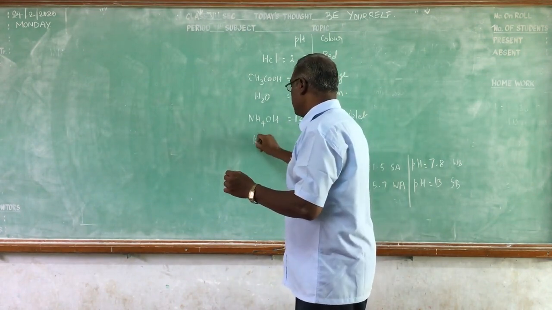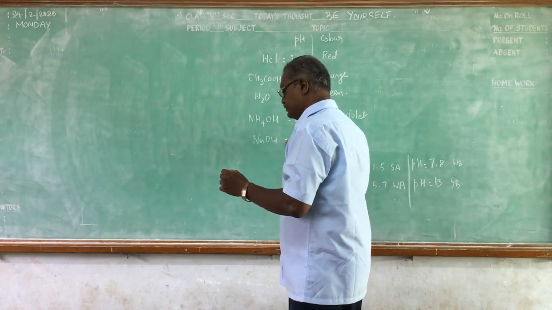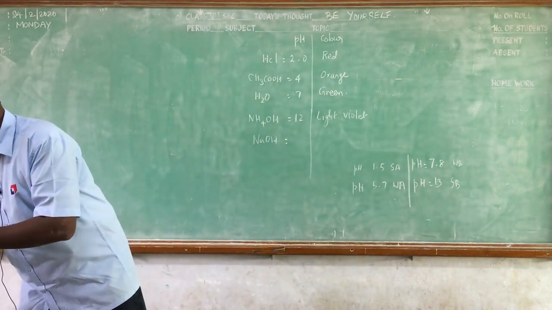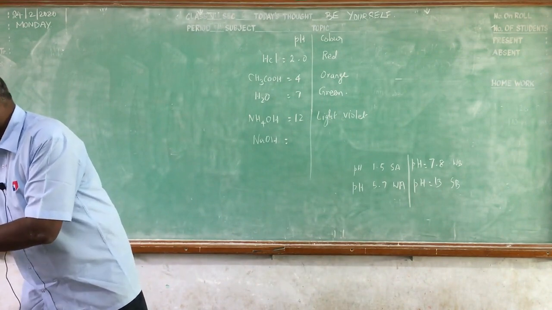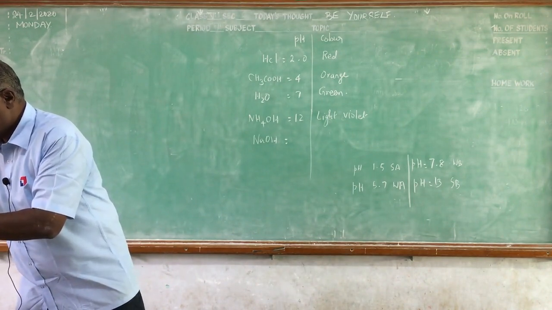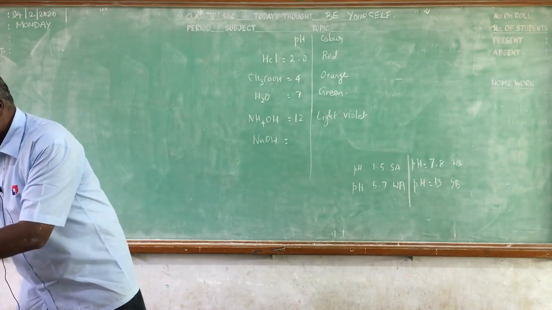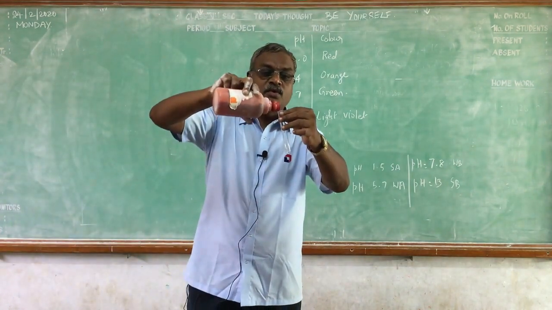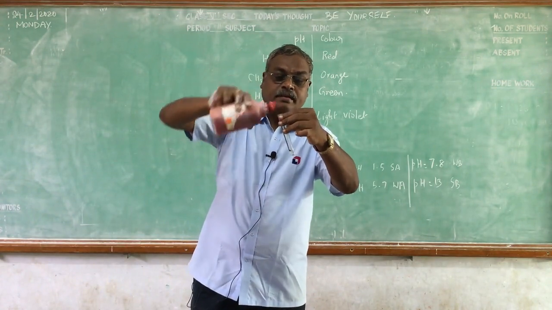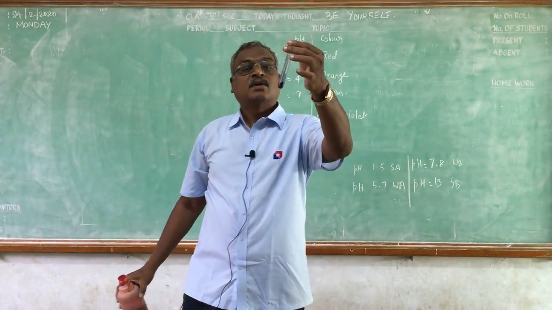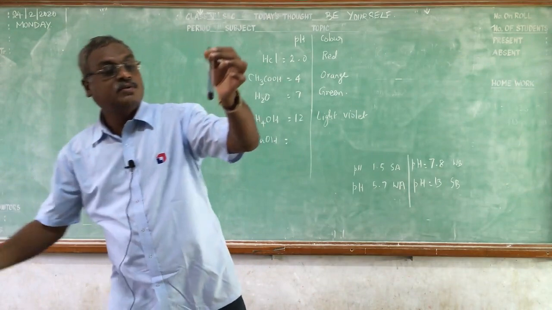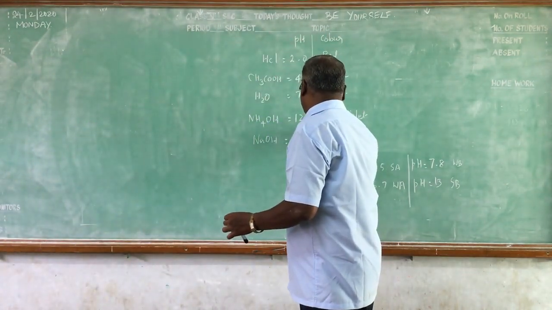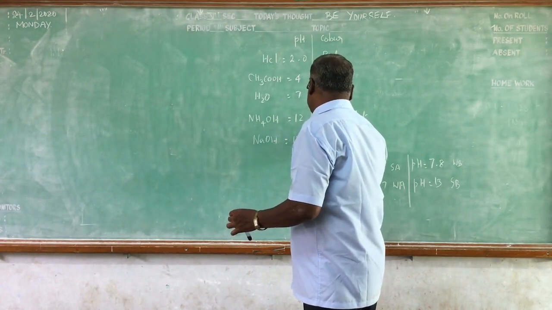The next one I am going to take is sodium hydroxide. To the sodium hydroxide I am going to add the universal indicator. Again here you are getting a violet, dark violet color. So the pH will be somewhat 13.